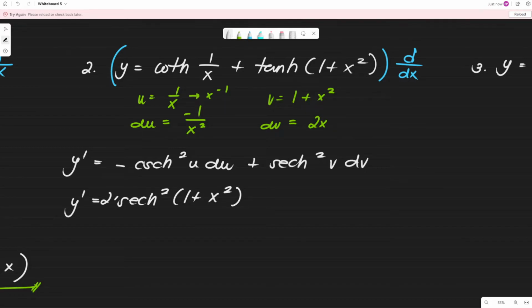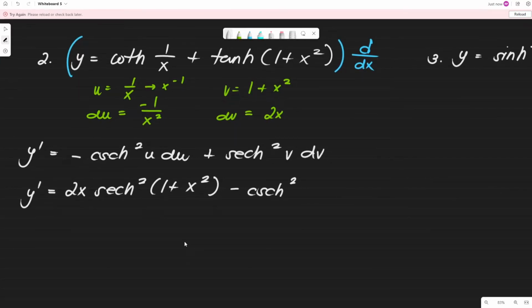Doon ko siya lagay. 2x sech, ayusin ko. Yan. So, we'll have 2x sech squared 1 plus x squared. Then, minus hyperbolic cosecant squared u, that is 1 over x.